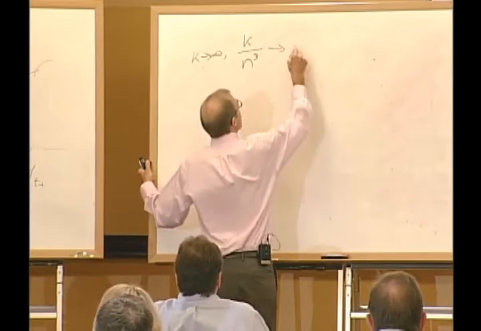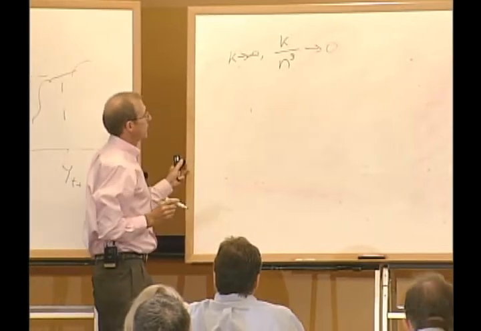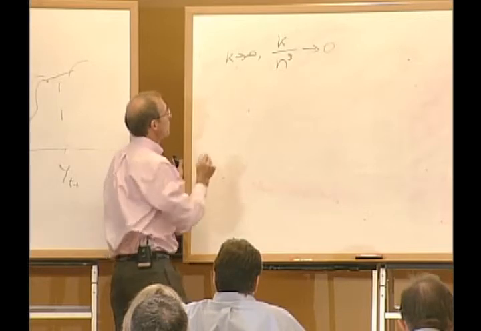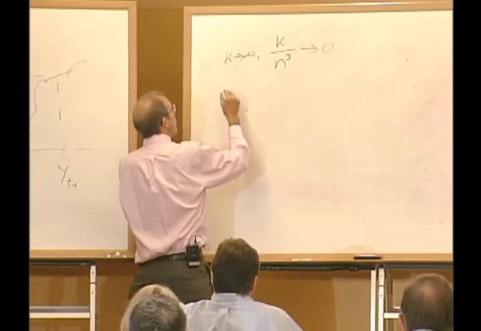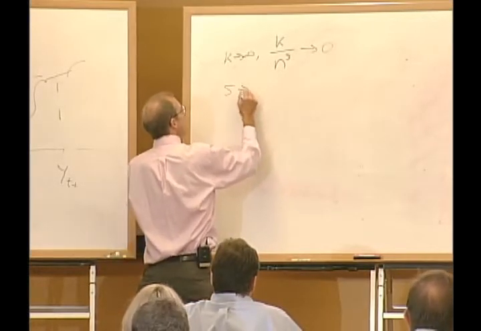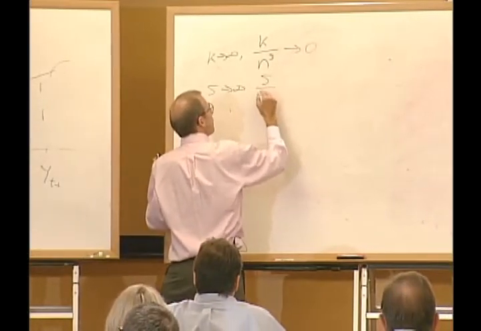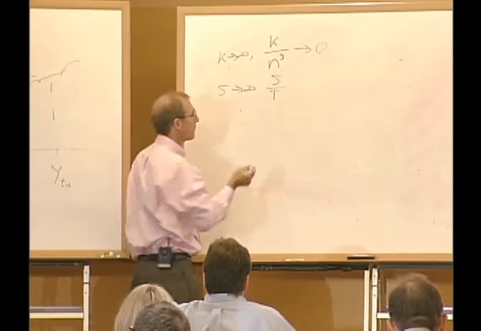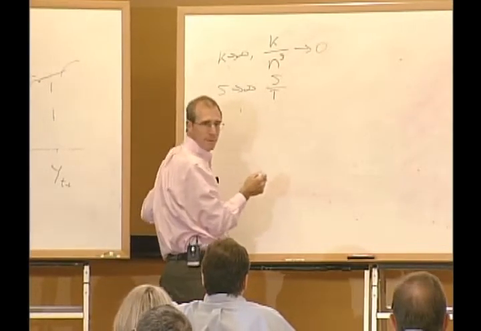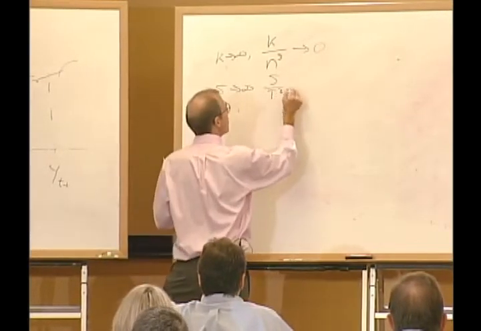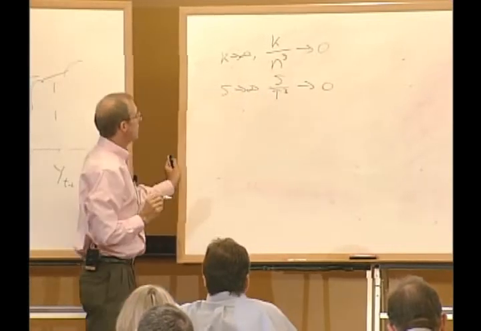Or you were at a spectral density estimation talk where they had the bandwidth tending to infinity, but the bandwidth divided by the sample size, what is it supposed to be? Cubed again? Cubed. Tends to 0.